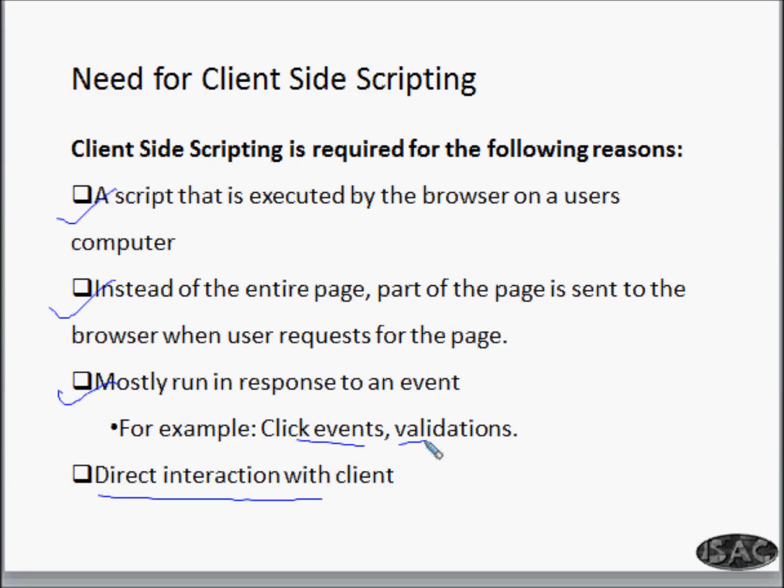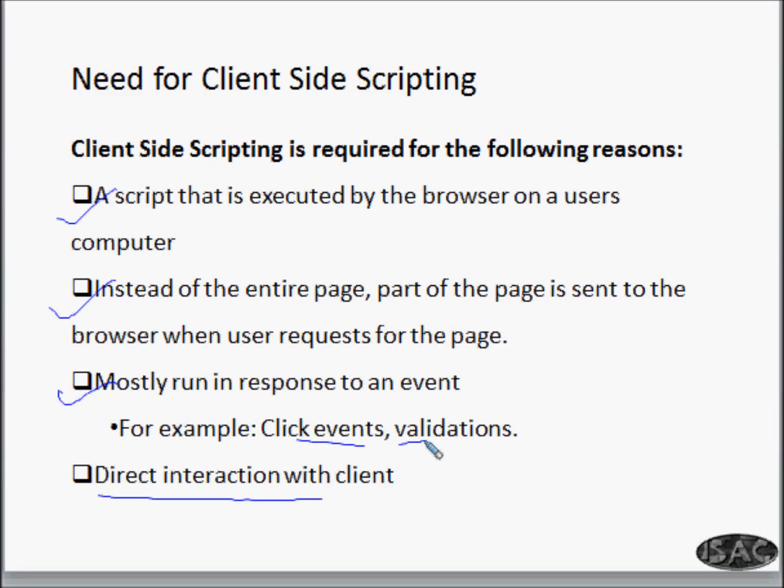If a request is made by the user and the user enters some data, that data may be wrong. If it goes to the server for validation and then the server says it is wrong, it is time consuming, right? Rather than requesting small things again and again from the server, it's not a good idea.